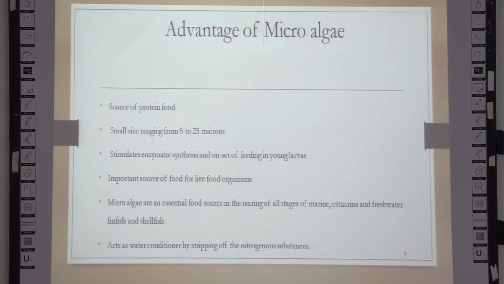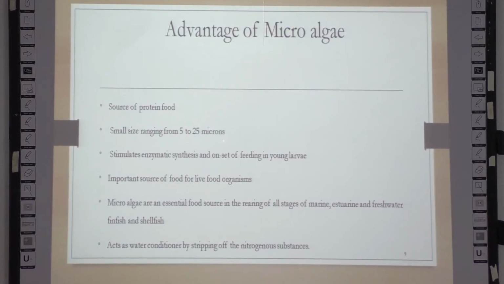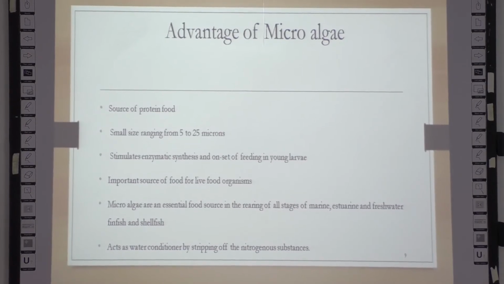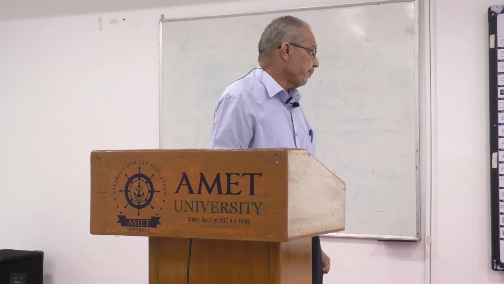In the case of marine fishes, the mouth size is something like 50 micron. So, any food which is more than 50 micron cannot be ingested by the larvae, whereas the microalgae can be easily ingested by them. Then the microalgae stimulates enzymatic synthesis and onset of feeding in the young larvae.